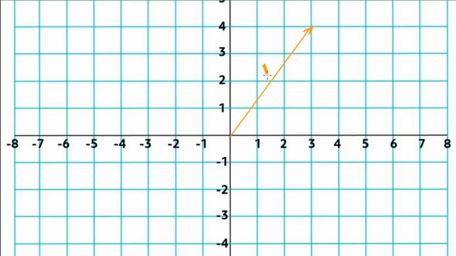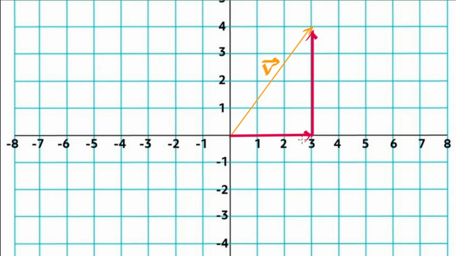So we have this vector V, and let us see how we can write this in terms of I cap and J cap. We can go from the tail of the vector to the tip by first moving in the positive x direction by 3 units. So we got this vector, and then moving in the positive y direction we get this vector.